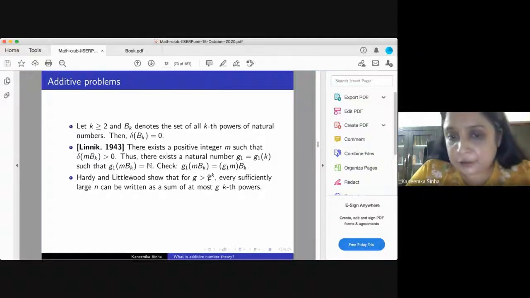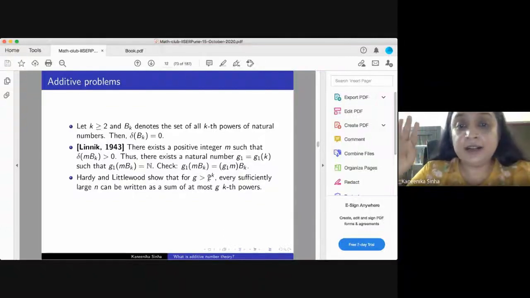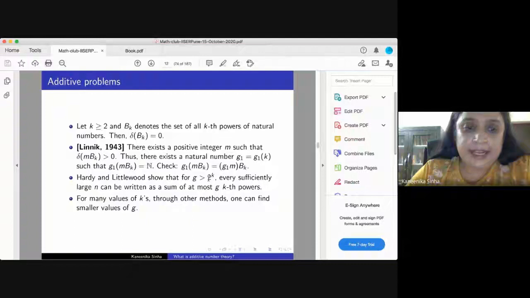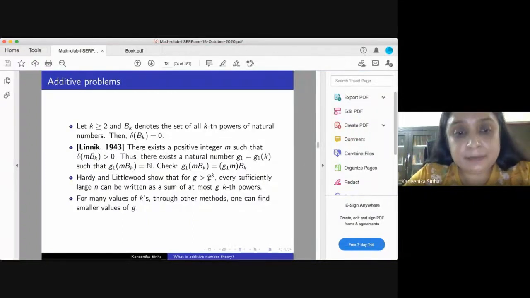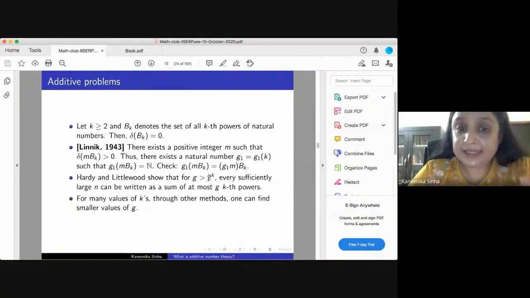But Lagrange's 4-square theorem is already telling you that you can do better than that. You can come down to 4 squares and it takes care of all possible integers. So, like I said, for many values of k through other methods, one can find smaller values of g. But at least this is a great beginning. It tells you that such a g will exist.